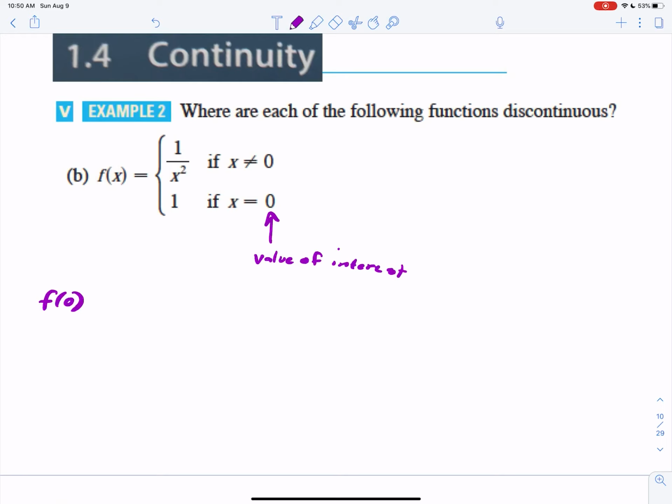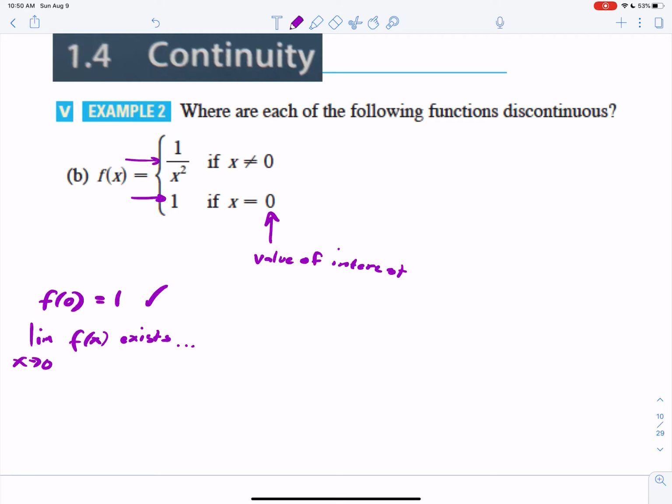When x is exactly 0 here, which function do I use? Do I use the top one or the bottom one, right? When x is exactly 0. So in this case, we would use the bottom function. So f of 0 is 1. So it passes the first test. So we move on to the next one. We have to find out if the limit of this function as x approaches 0 exists.